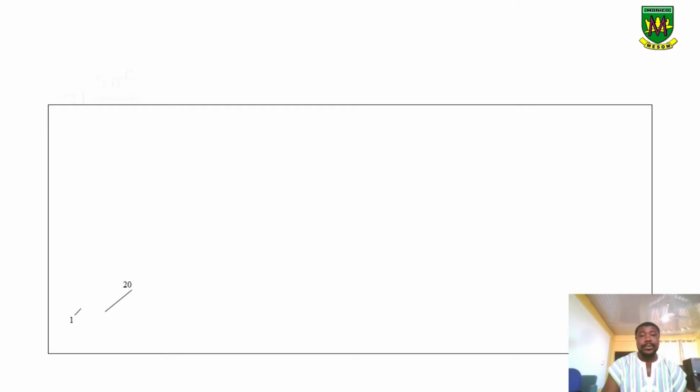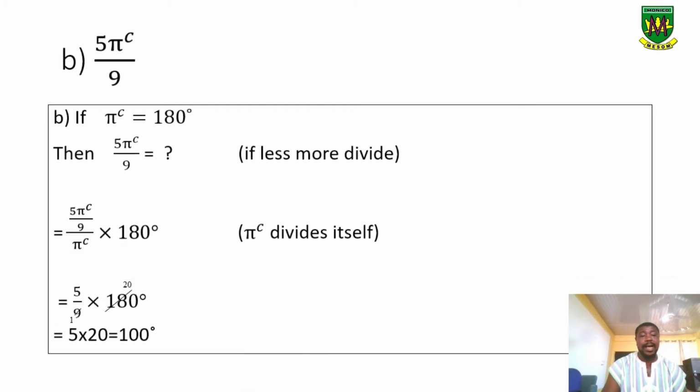Good. I hope we are following it. Now let us take B. We have to change 5/9 pi radians into degrees. So we still use the same equation that says that pi radian is equal to 180 degrees. Then 5/9 pi radians will be equal to what in degrees? 5/9 is also less than 1.